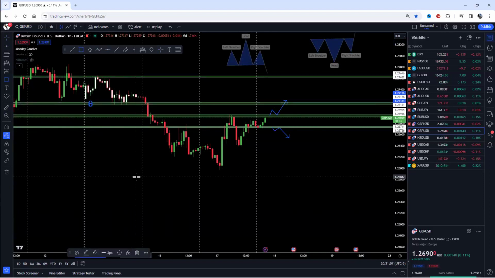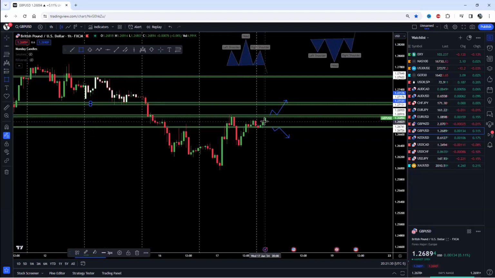Let's color that in. Now, just in case we do break out of the top side, we have to retest the breakout. Has this breakout that broke out of Monday been retested yet? Yes or no? No, absolutely not.